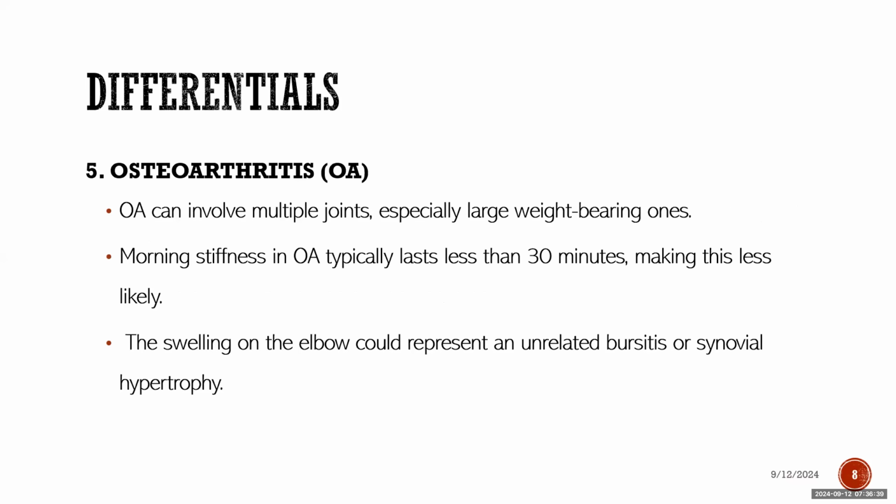Osteoarthritis tends to affect one joint rather than being symmetrical on both. And although it can occur symmetrically, the morning stiffness and pain typically last less than 30 minutes. Then also, there could be some associated bursitis or synovial hypertrophy in keeping with the lesion on the extensor surface of the elbow.